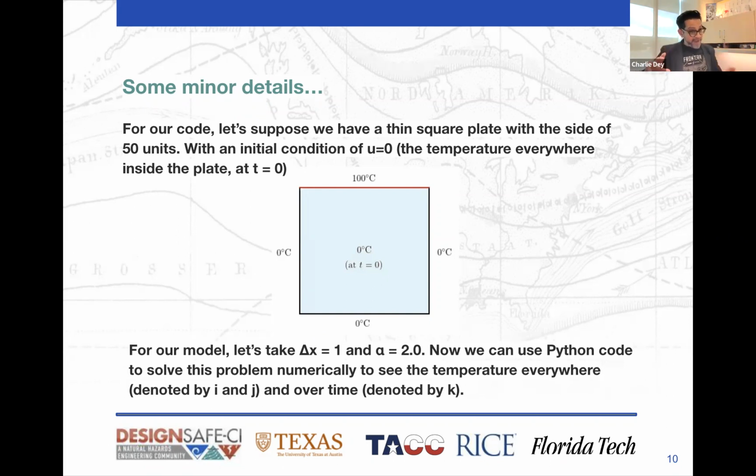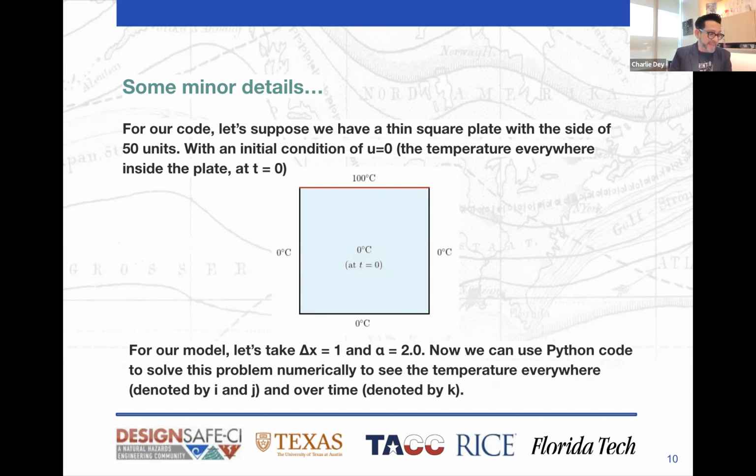What's hopefully going to happen is that when we remove the ice and start our simulation, that heat should transfer through the rest of the plate, and we should be able to see how that heat actually works. Okay, we're going to have a delta x value of 1 and an alpha value of 2. That is essentially going to be stable for our equation to calculate, so it's going to be rather easy to do, and not have to experiment around too much.